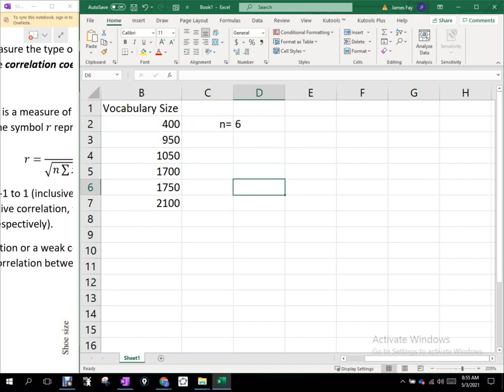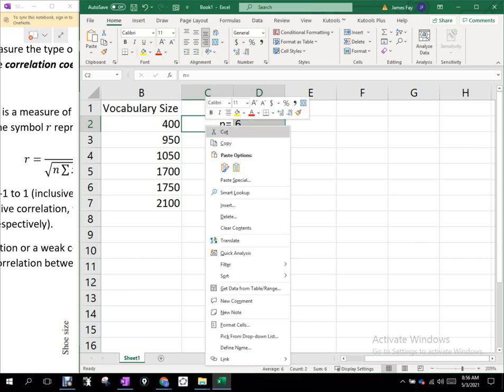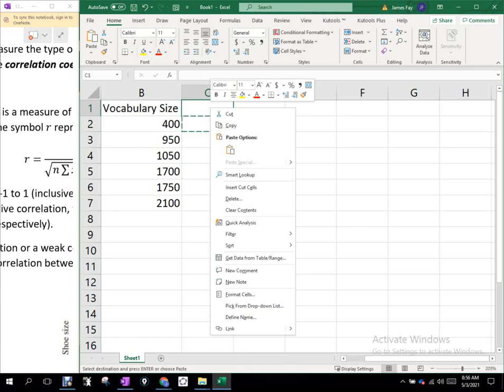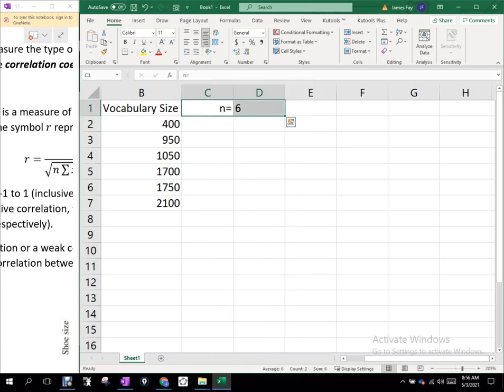I think maybe I'm going to highlight those 2 that we just typed in, right click, hit cut, and then come up here in C1 and paste those. Okay, and you can see it still uses the same formulas and all that kind of stuff. So cut and pasting doesn't mess anything up.